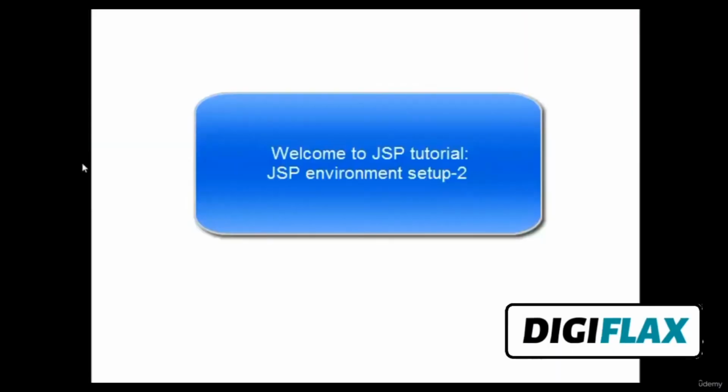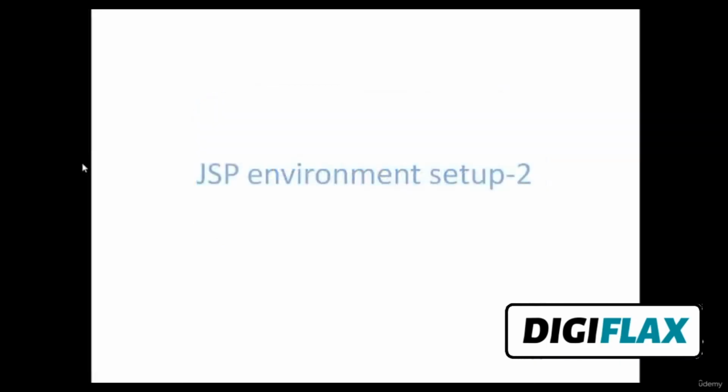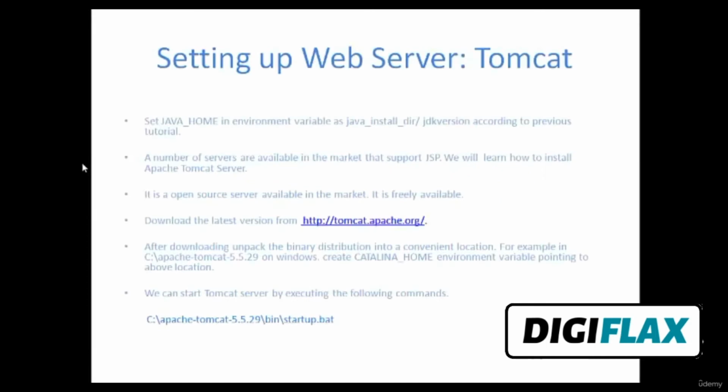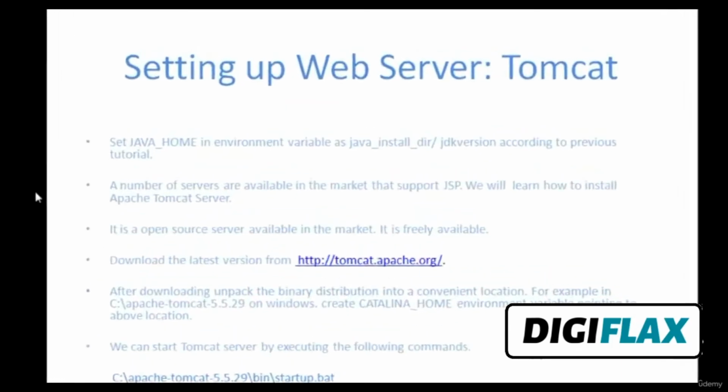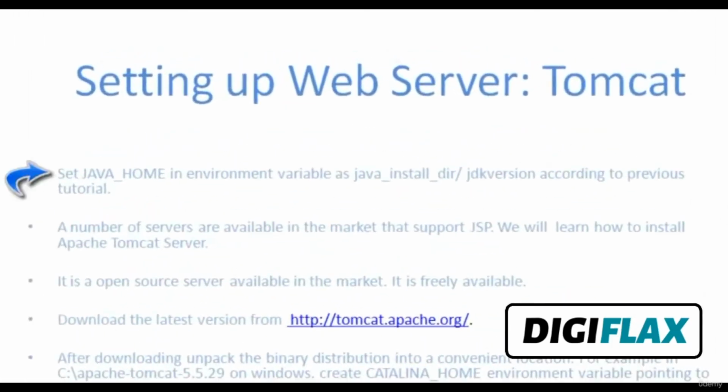Welcome friends. In this video tutorial, we are going to learn how to install a server. Setting up the web server, Tomcat. Set JAVA_HOME in the environment variable as java_install_dir/JDK version directory, according to the previous tutorial.